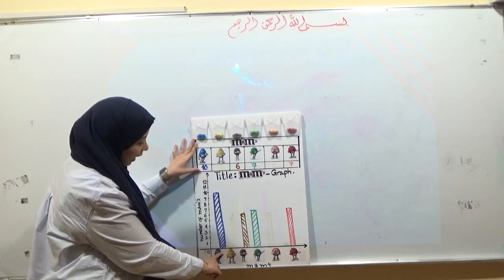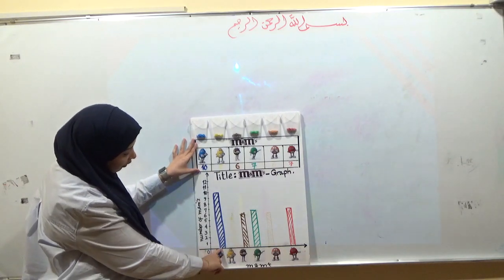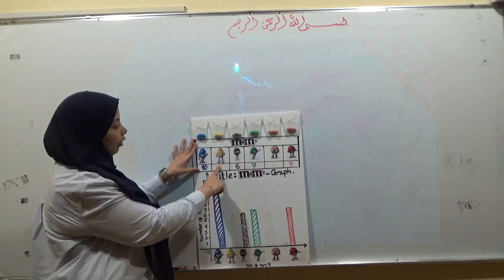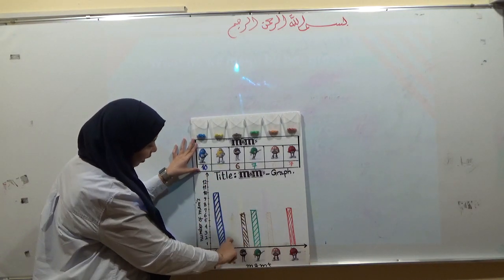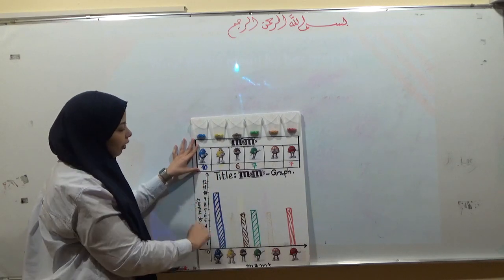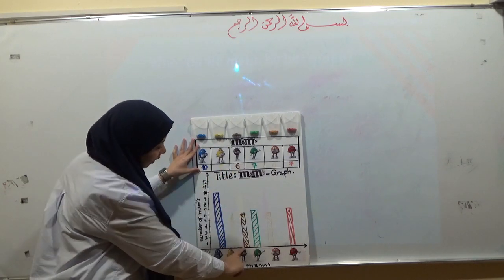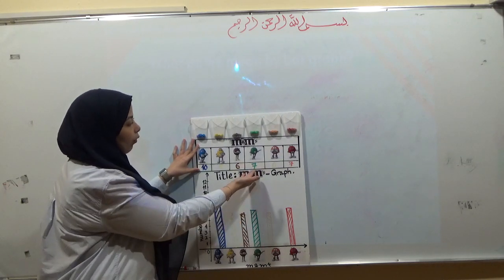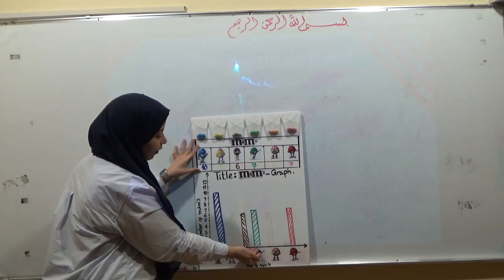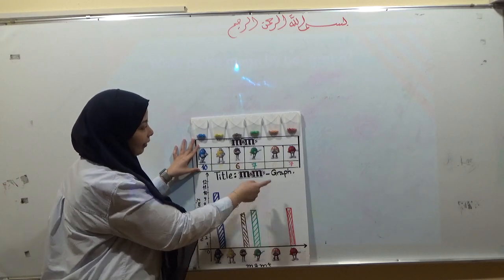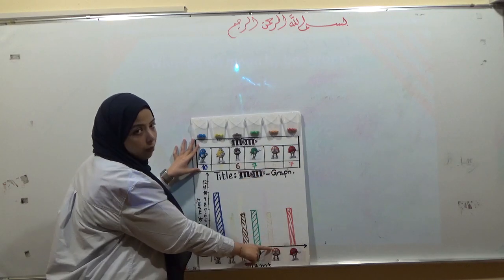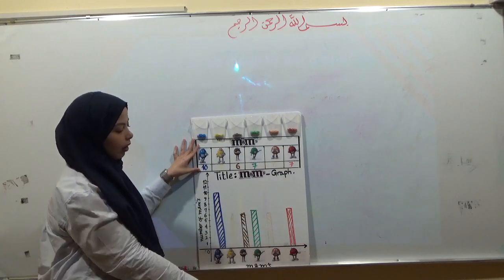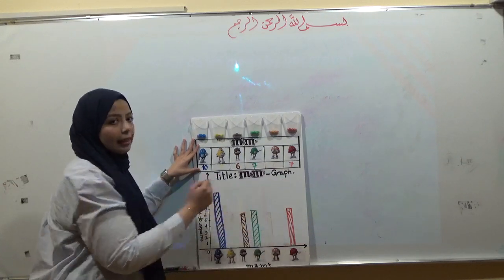For the blue one, the bar starts from 0 up to 10. For the yellow one, from 0 up to 5. For the brown one, from 0 up to 6. For the green one, again from 0 up to 7. For the orange, from 0 to 6. The last one, the red one, from 0 up to 7.